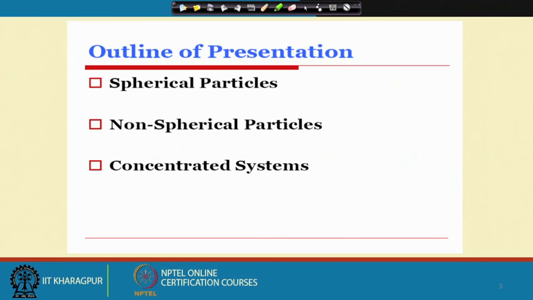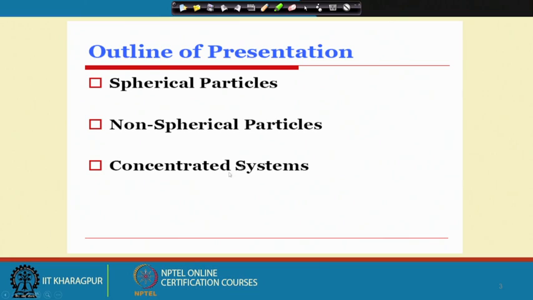So, the outline of this presentation is, we will start by dealing with spherical particles first. Even with spherical particles, I will try to show you what the difficulties are. Then non-spherical particles, which we as mineral processing engineers normally encounter. So, what has already been done, what the scenario is, what some of the popular models are, and how do I select them.